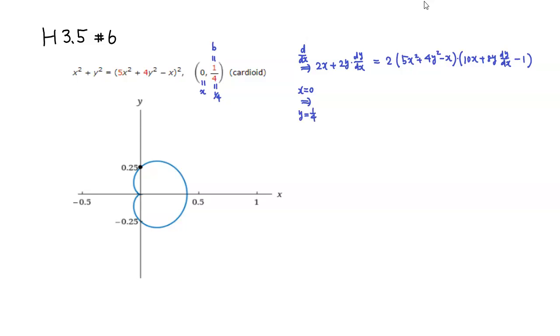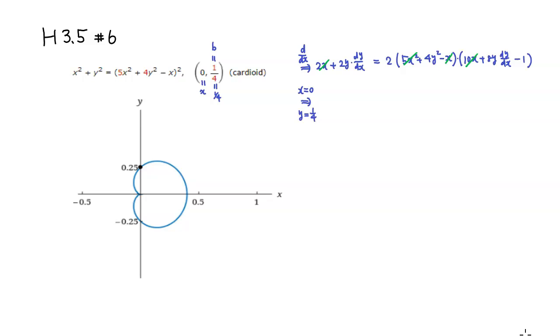The reason is that since x is 0, 2x is going to be 0, so I can ignore that. 5x squared is going to be 0, x is 0, and that's going to be 0. So there's not much left. Then we plug in y equals 1/4.